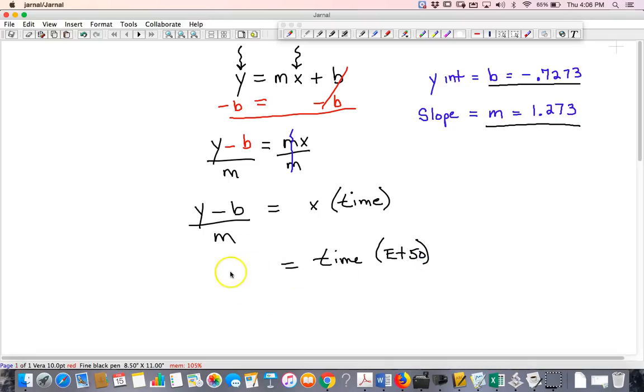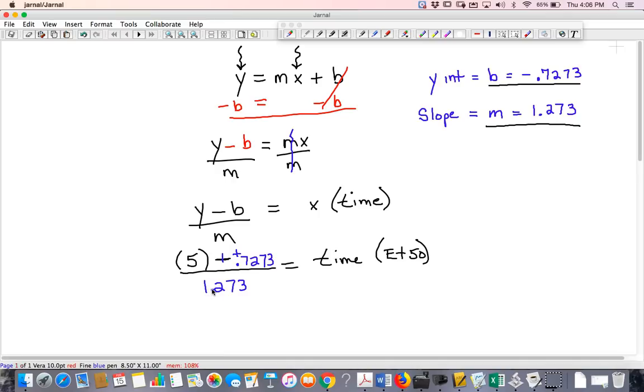All right, so let's go calculate this. The y is going to be the fifth disk, because it's the middle, or the number of disks that floated. It's minus, now what is the y-intercept? Oh, that's minus also 0.7273, and a minus minus is a plus. Divide by my slope, which is 1.273.